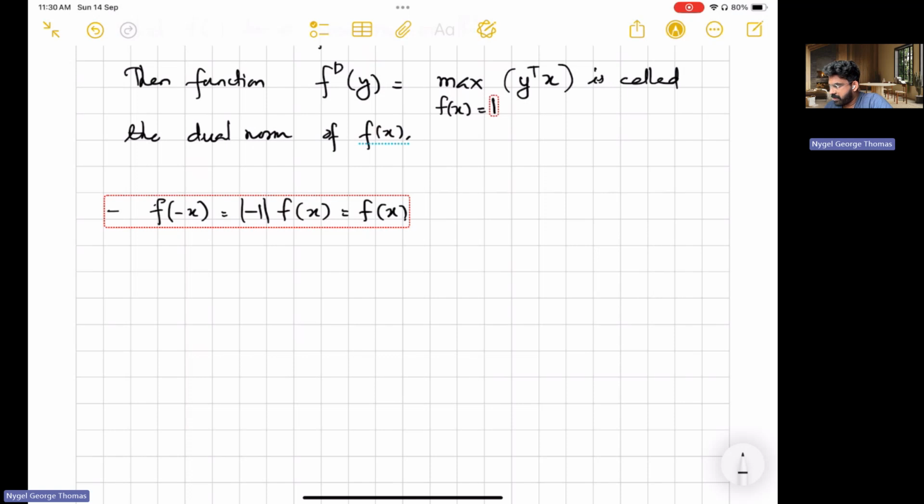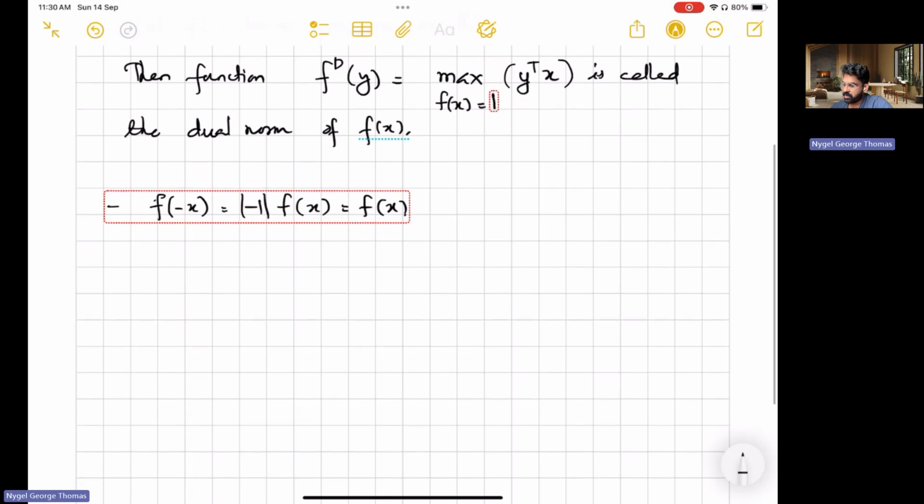So even though f of x is equal to 1, we can also take the cases which include f of minus x as well. So if you have a set of x's which gives f of x equal to 1, all the minus x's will also give f of x equal to 1.